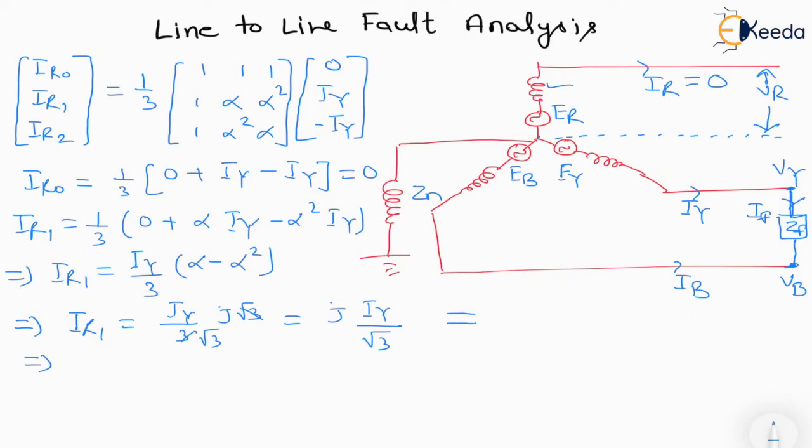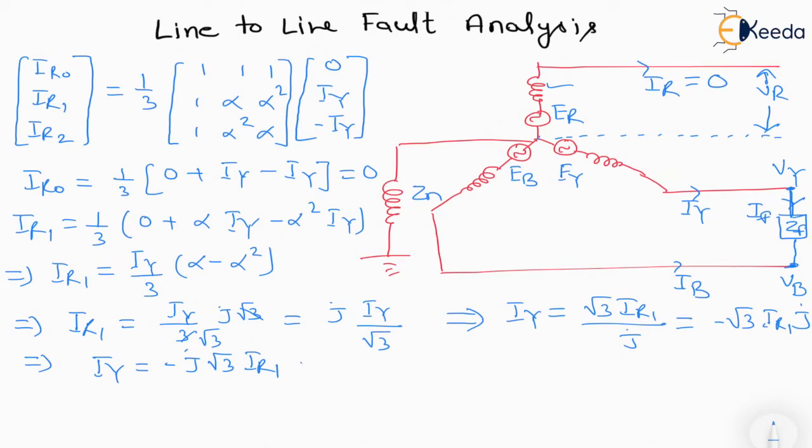Either we can say that IY will be equal to root 3 times IR1 upon j. You know 1 upon j is equal to minus j, so this becomes minus j root 3 times IR1. So directly we can write that IY will be equal to minus j into root 3 times IR1, and this will be the fault current IF. You can see from the diagram. So this is the important point.